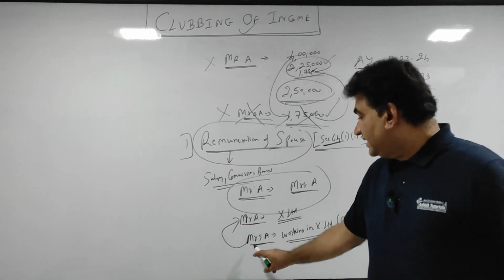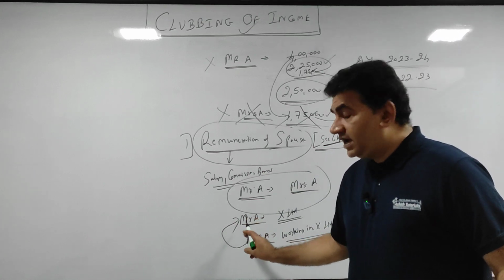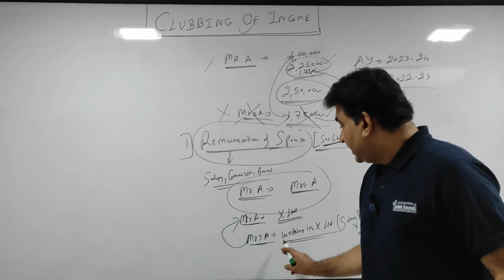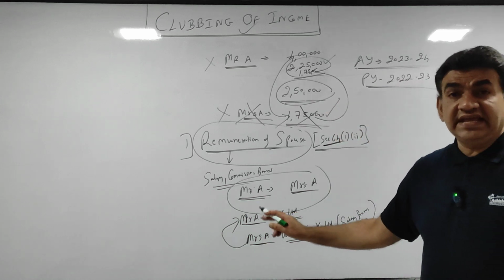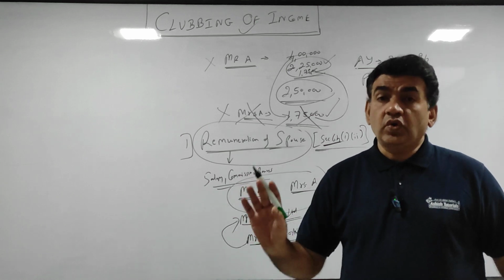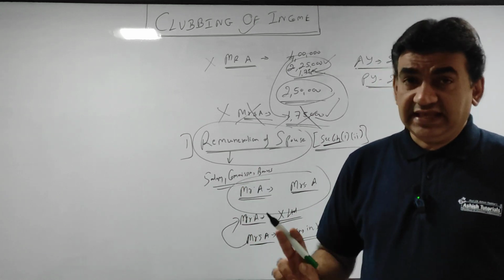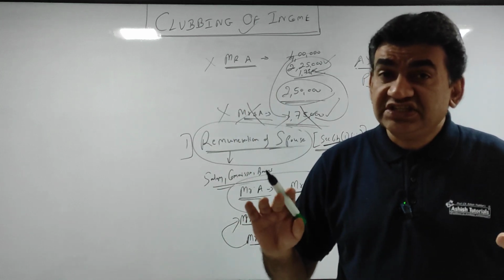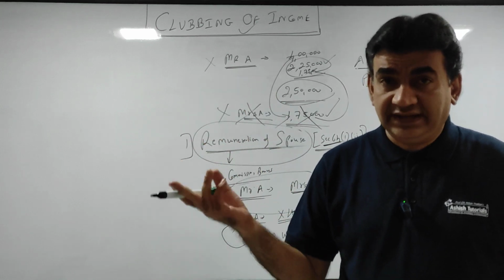Mrs. A's salary will be clubbed to Mr. A. That means Mrs. A's salary can be added to Mr. A's income. It will not necessarily happen; it may or may not happen. So now the question is when.